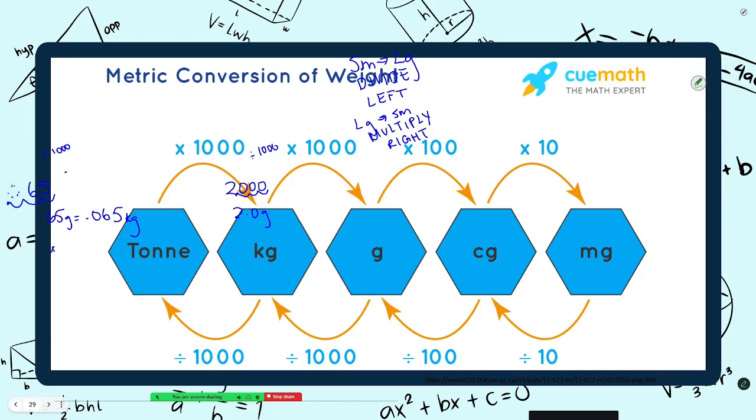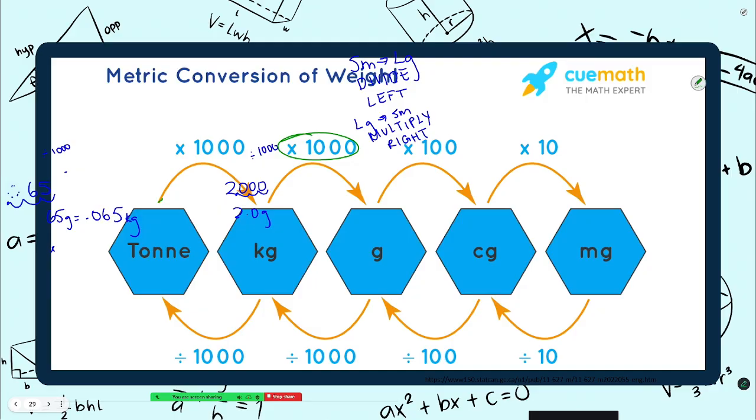We are going to go from ton to gram. Here we have the times 1,000 going from a ton to a kilogram, multiply by 1,000 to gram, multiply by 100 to centigram, multiply by 10 to milligram. So you're just following the steps.